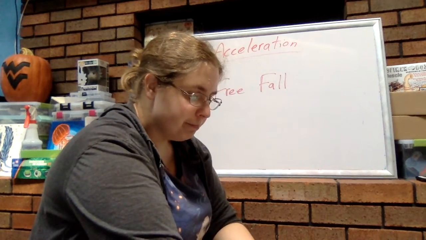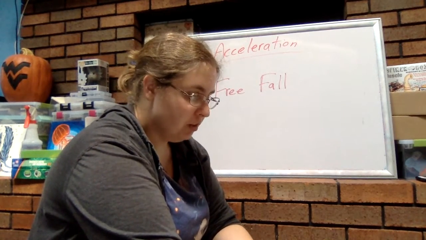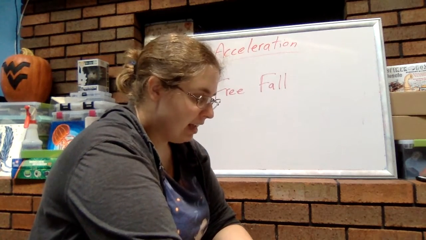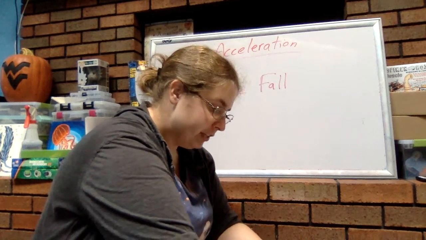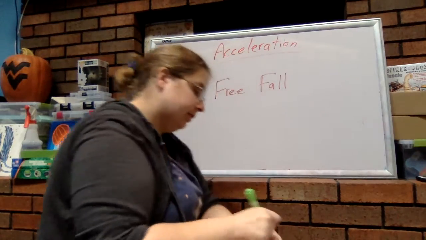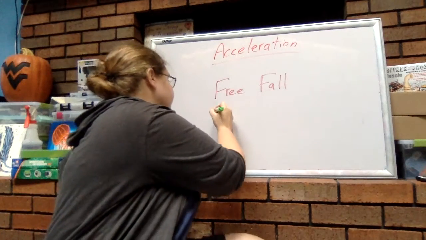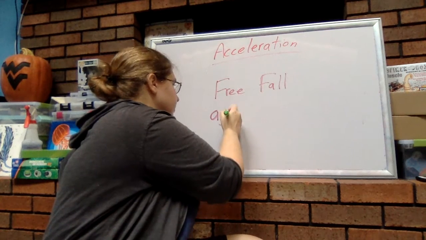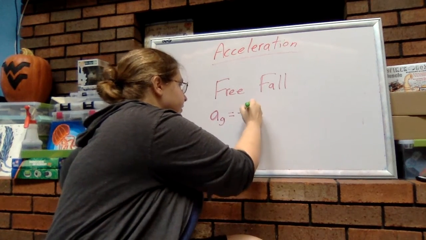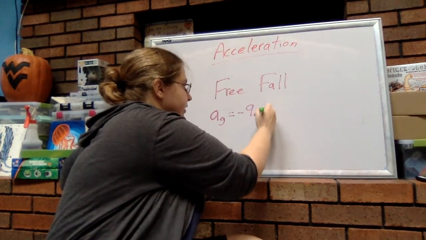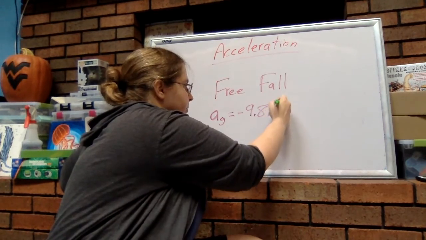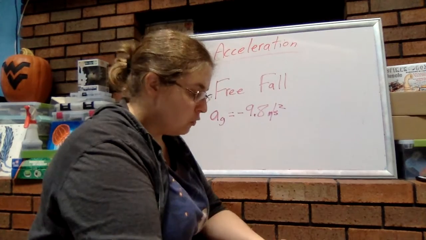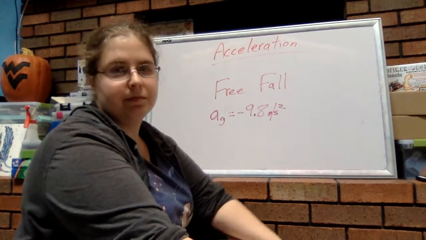Now, gravity is fairly constant, which is always a good thing, right? And we know that the acceleration due to gravity is roughly negative 9.8 meters per second squared. Notice it is a negative.